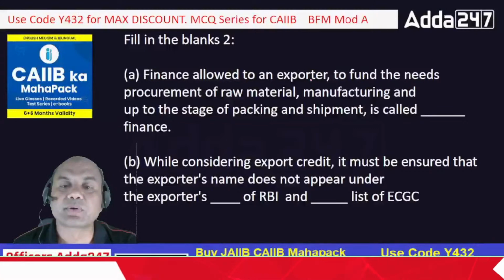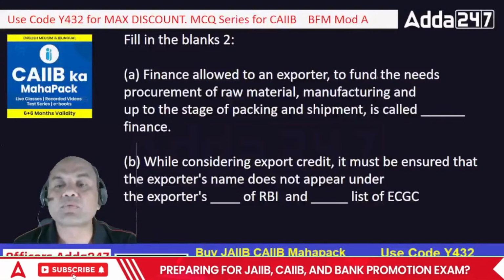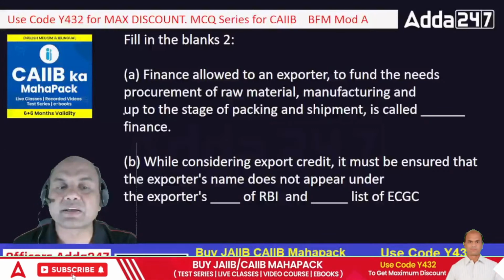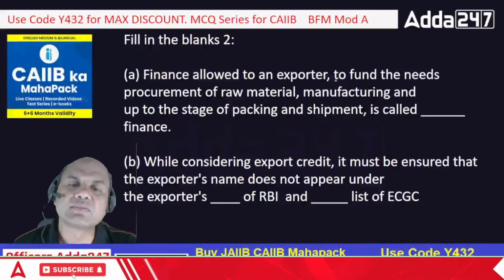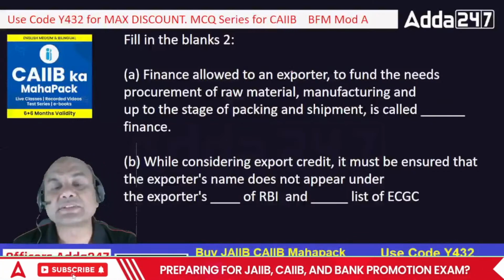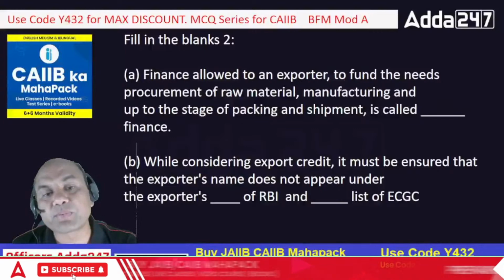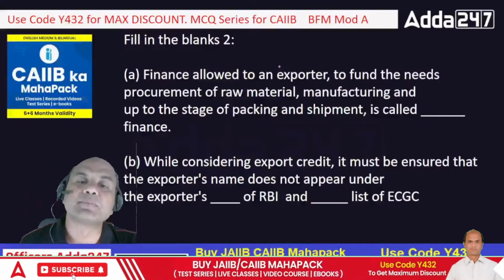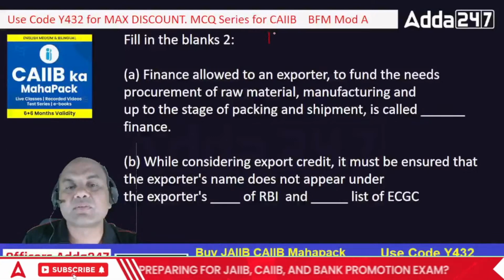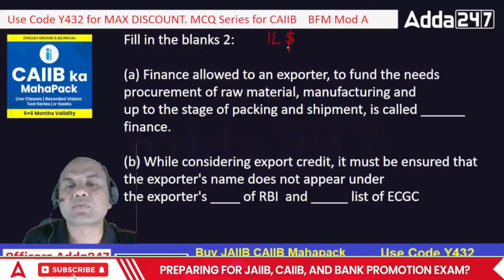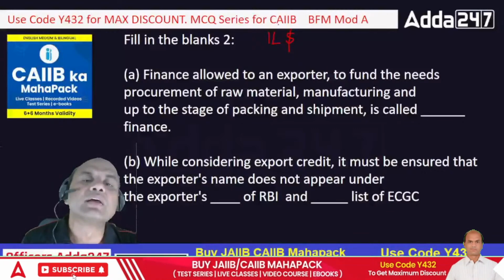Another one. Finance allowed to an exporter to fund the needs of procurement of raw material, manufacturing, and up to the stage of packing and shipment is called as. What do you mean by this? Suppose I get some order of, let's say, $1 lakh from the US.